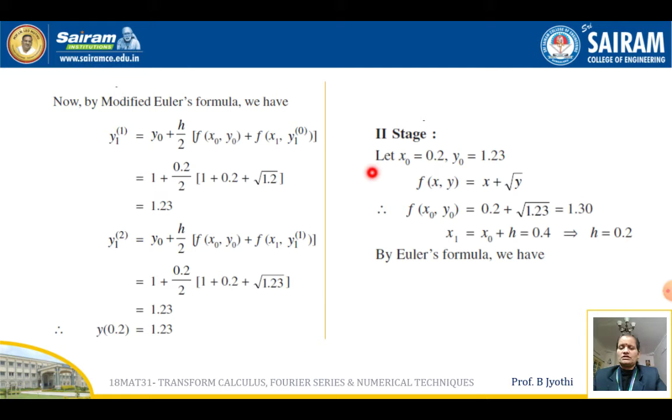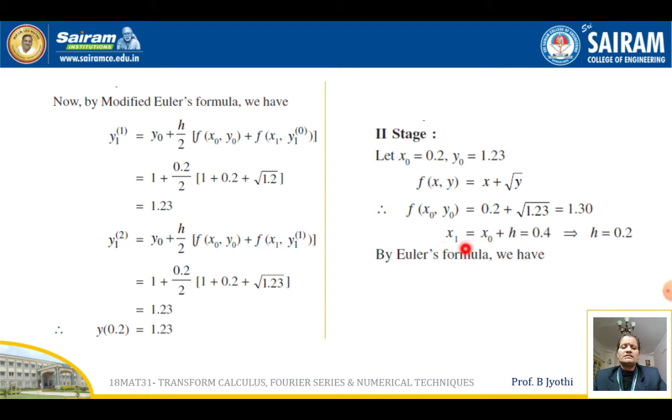Next stage. So in the second stage, we are assuming x naught to be 0.2 and y naught to be 1.23, which is obtained in the previous step. Now, f of x y remains the same, that is x plus root y. So f of x naught comma y naught will be 0.2 plus root of 1.23, which is 1.30.